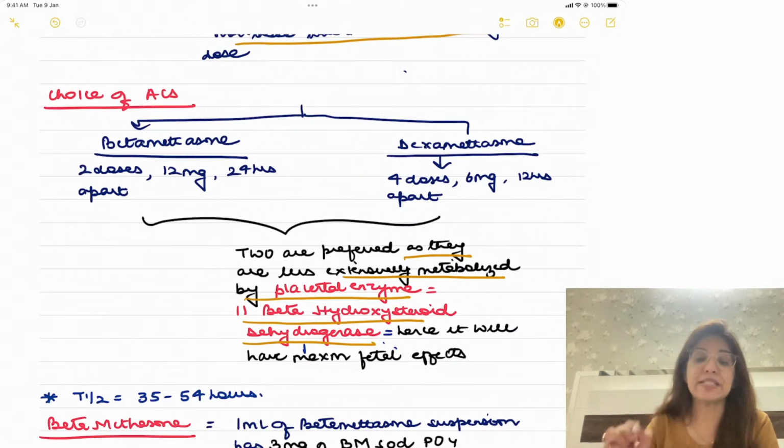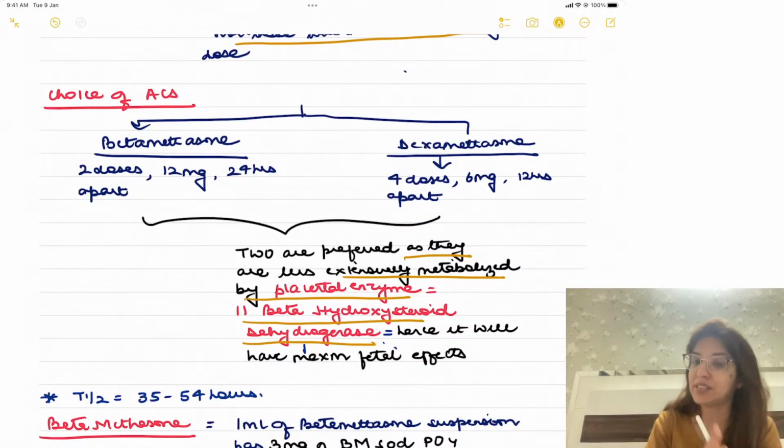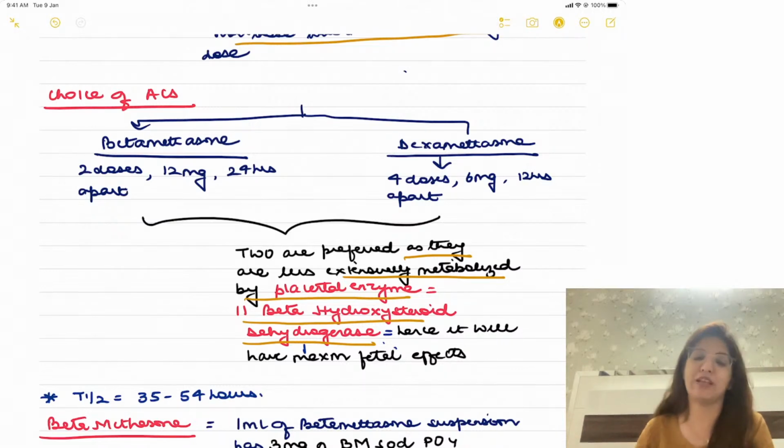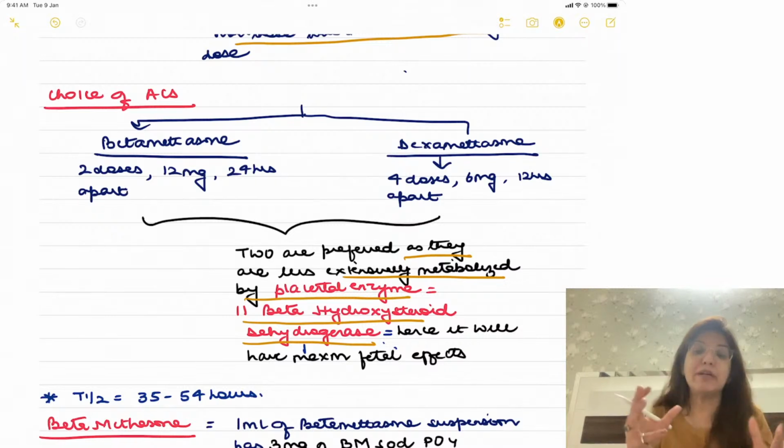So this enzyme, which is present in the placenta, metabolizes the corticosteroid. But these are two corticosteroids which are less extensively metabolized by this enzyme, and that is why they will have maximum fetal effects. Any corticosteroid which is maximally metabolized by this enzyme, its availability to the fetus will be less.